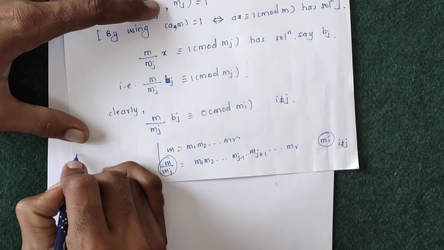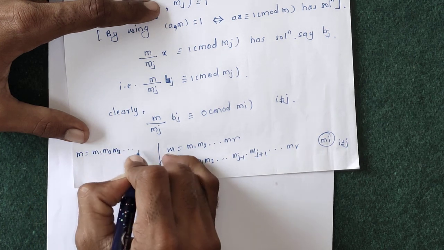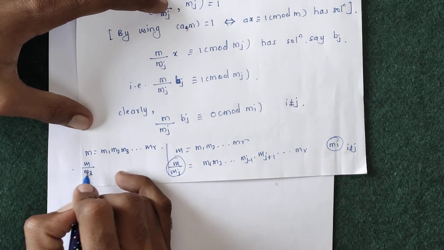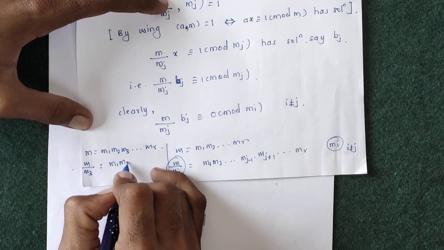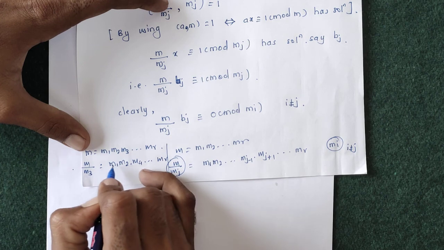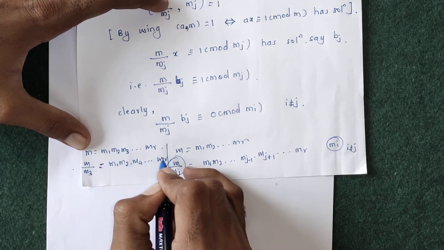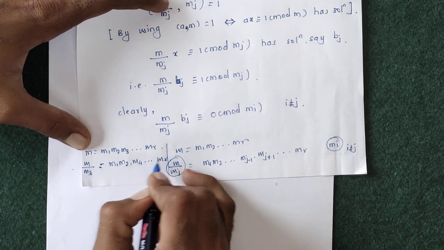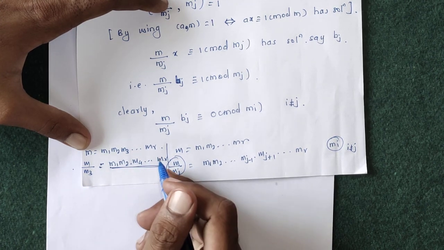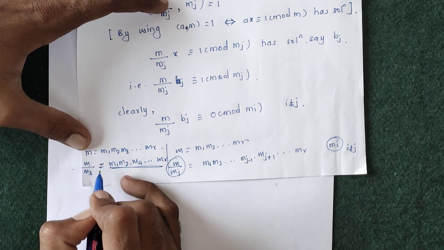If you take m equal to m1 into m2 into m3 up to mr, and then take m by m3, then m by m3 is m1 into m2 into m4 up to mr. Then clearly this number is a multiple of m1, m2, m4 up to mr. So if we divide this number by any of these numbers, or take this number modulo any mi, then surely the remainder will be 0.